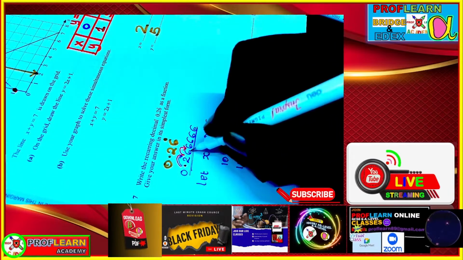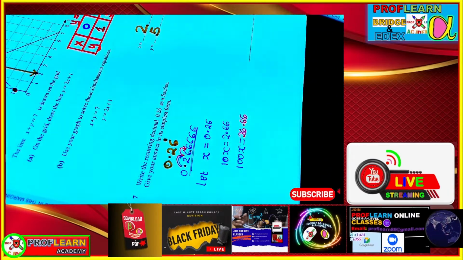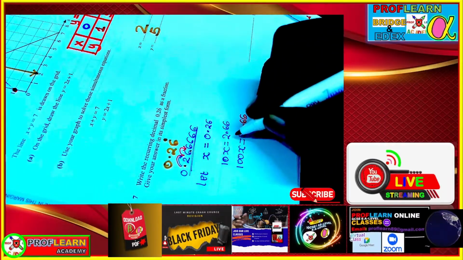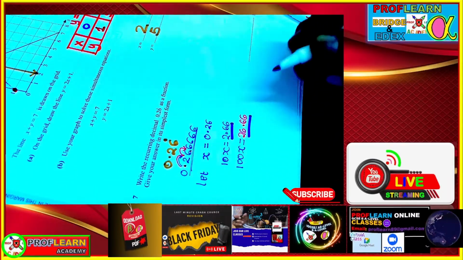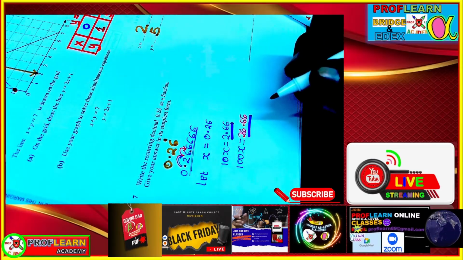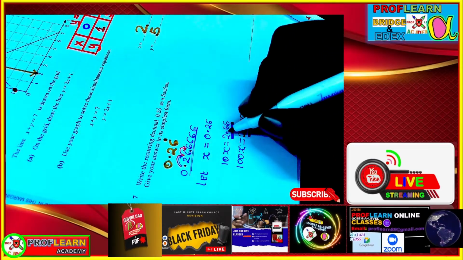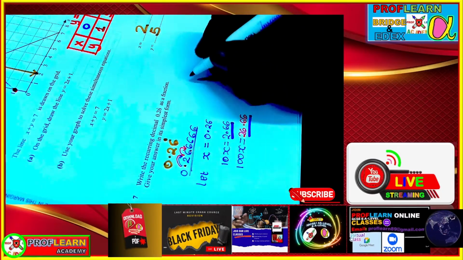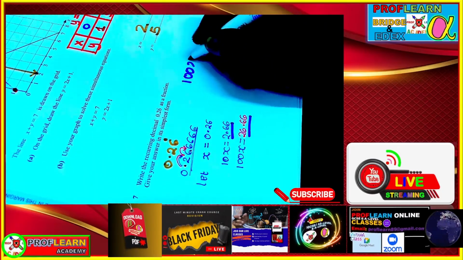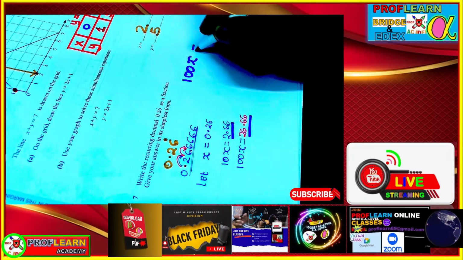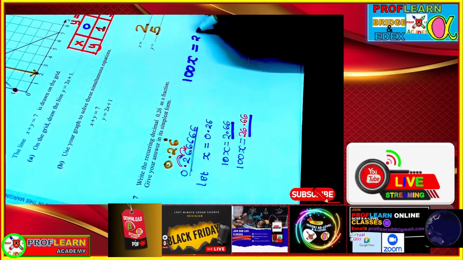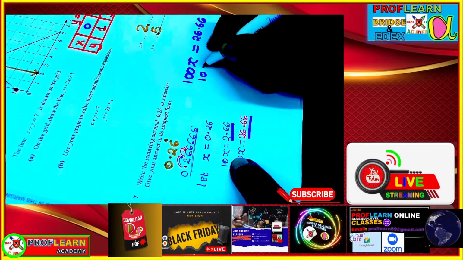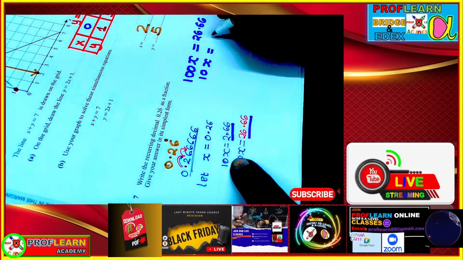If I take this number and the previous one and subtract them, I can have a 0 after the decimal, because after the decimal I have 6 in both, isn't it? So I can now say 100x is equal to 26.66, but 10x is equal to 2.66.